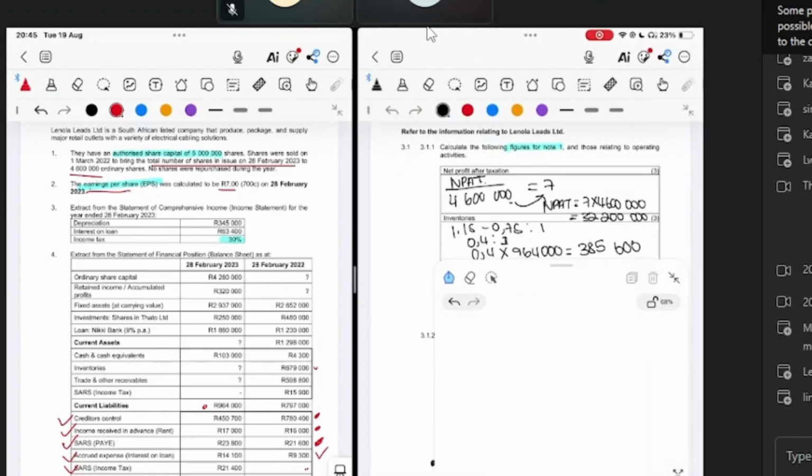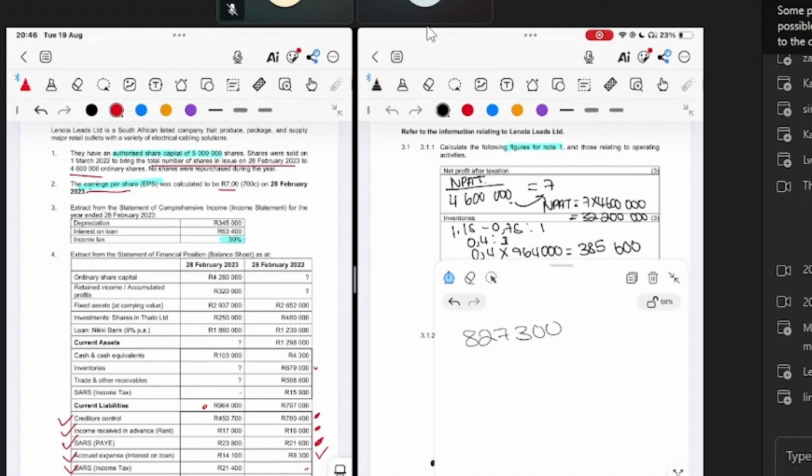We have these amounts that we are adding, except for the shareholders for dividends. So that would be 780,400 plus 16,000 plus 21,600 plus 9,300, which will give us 827,300.